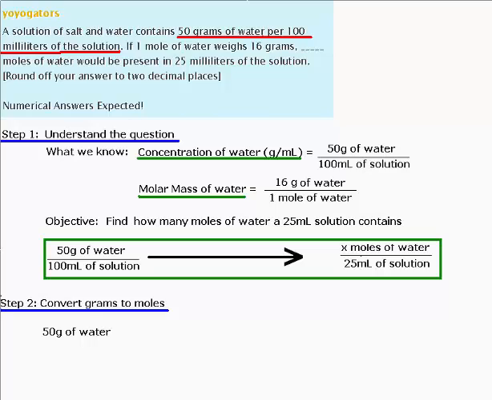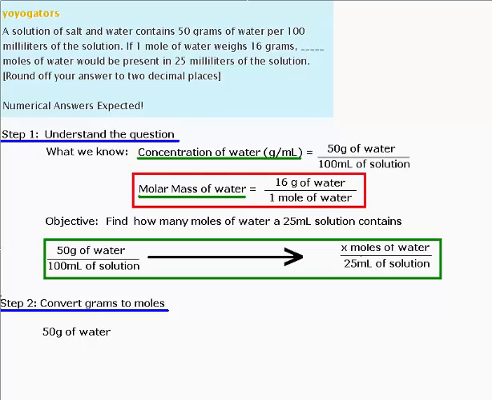So the goal here is to convert 50 grams of water into moles. This is a conversion that requires that we understand the relationship between grams of water and moles of water. Given what we've been told, the molar mass of water does the best job of describing this relationship.